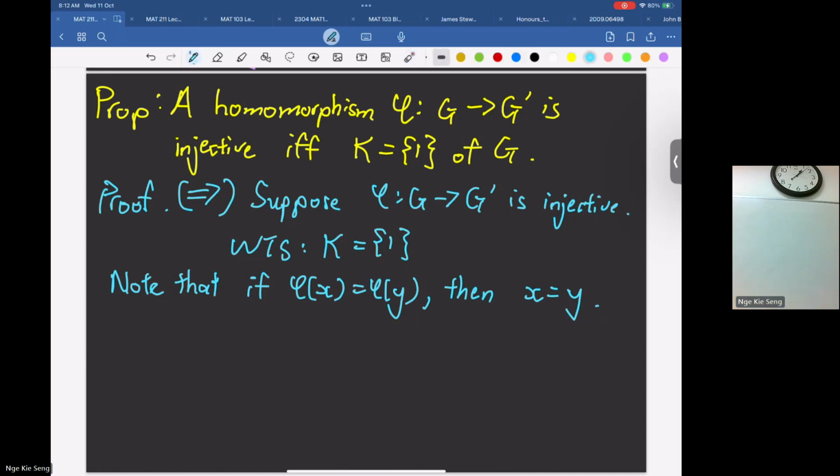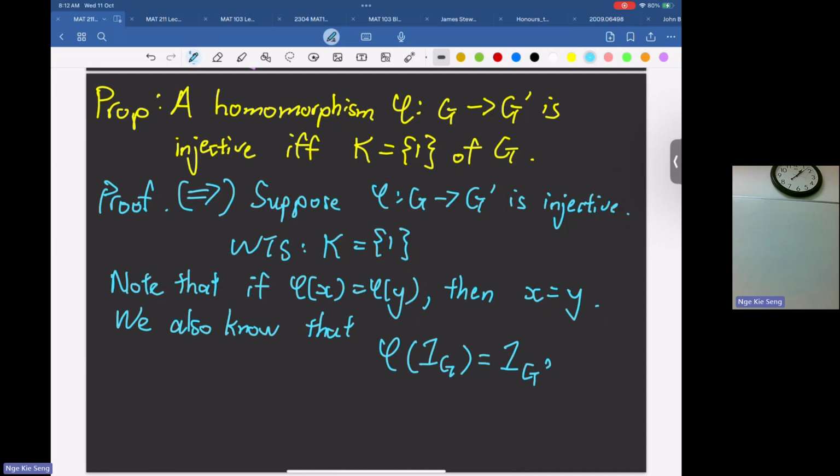So we also know that phi of 1_G is equal to 1_G'. In particular, you already know there's one thing that gets sent to the identity of the codomain. For all the other things sent to identity, injectivity tells you they must be just the identity. So in your kernel, there's only the identity.